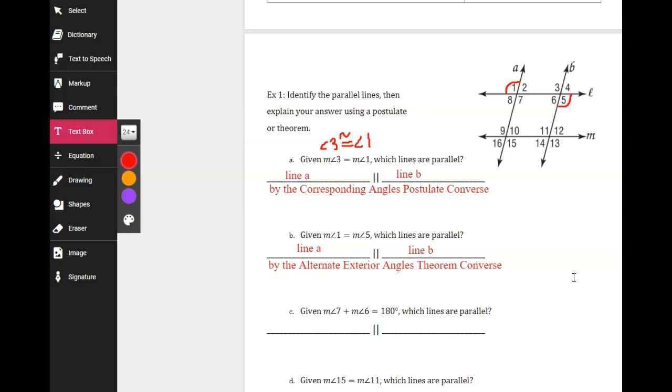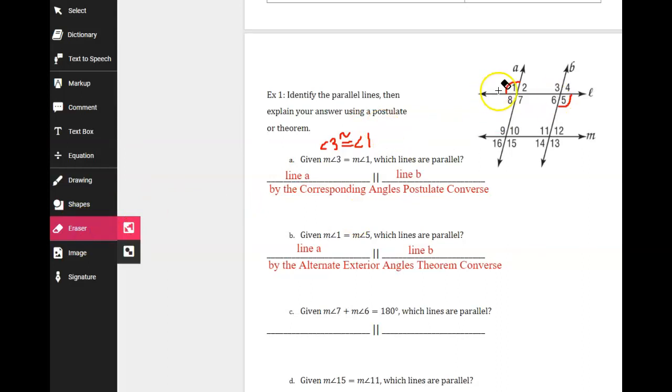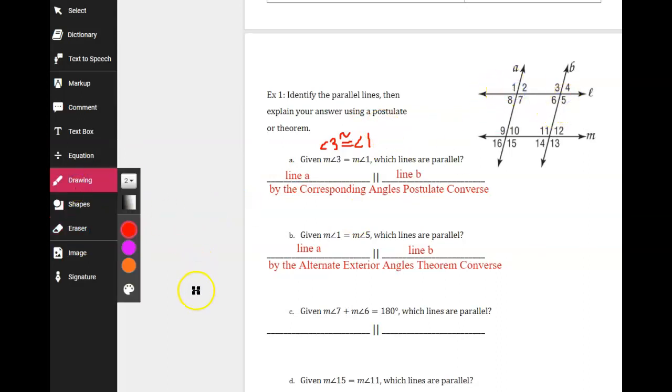Okay, we'll do one more together. Let's talk about part C. So I'm going to erase my marks on my diagram. Part C says, given the measure of angle 7 plus the measure of angle 6 is equal to 180 degrees, which lines are parallel?